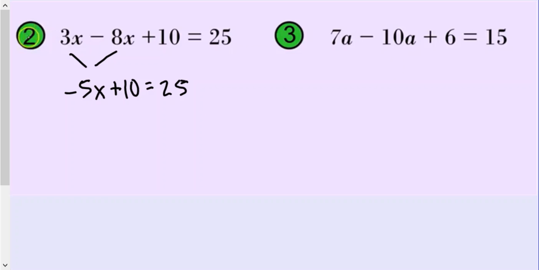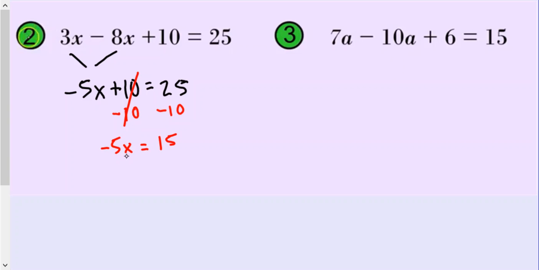So next I'm going to subtract 10, and if I do it to one side, I've got to do it to the other. And positive 10 minus 10 will equal 0, so those will cancel out, and I'll be left with negative 5x on this side of the equation. And 25 minus 10 will be 15.